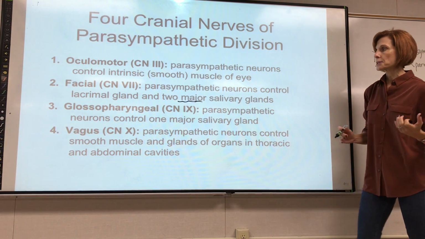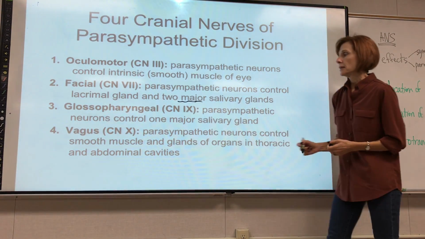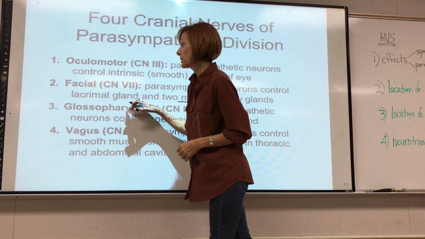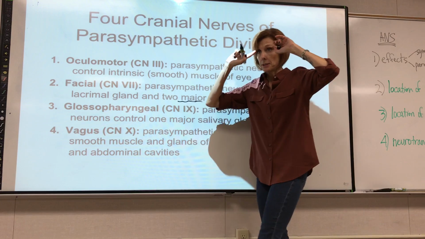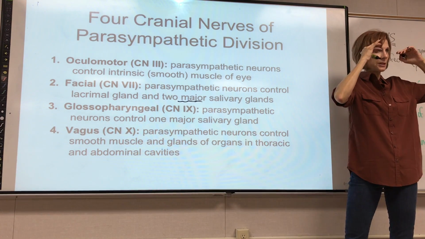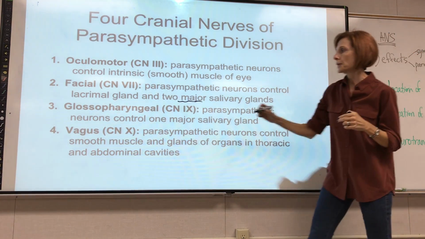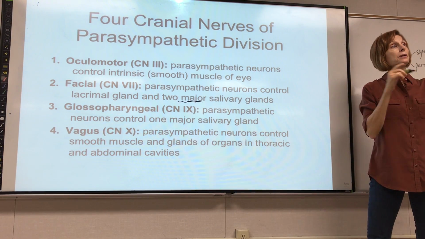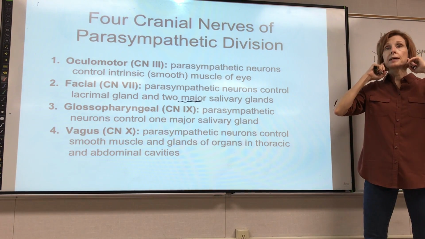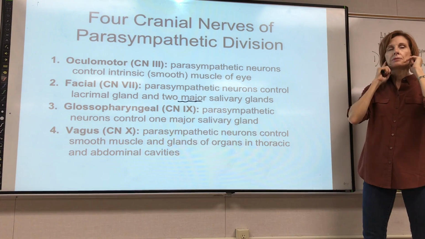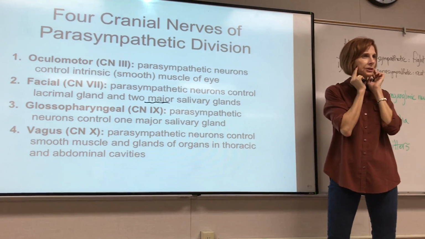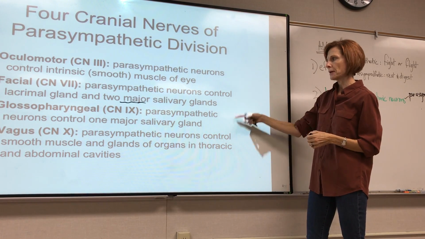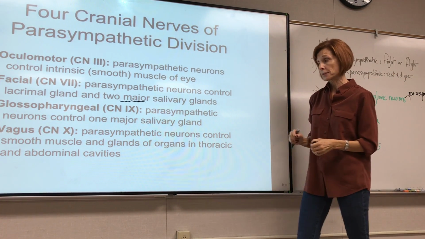I'm sorry, the facial nerve also carries parasympathetic neurons to the lacrimal gland, causing the secretion of tears. Cranial nerve 9, the glossopharyngeal, carries parasympathetic neurons that go to the one other major salivary gland. It's the one that's right here. We sometimes feel the secretion of this when you bite into certain things. We'll talk about those salivary glands more when we get into the digestive system.